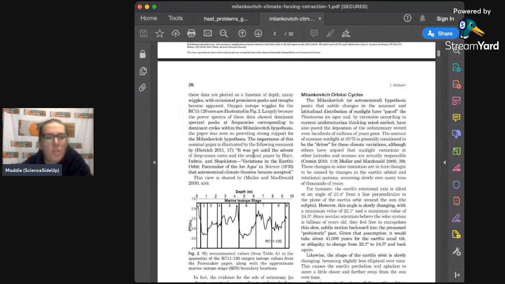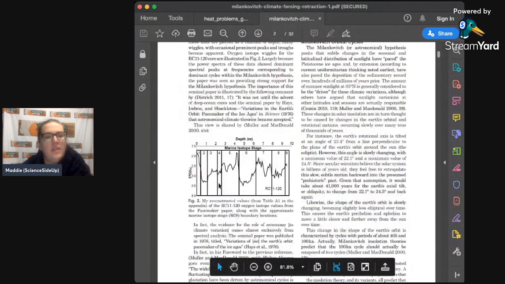Okay. So, by the way, this is the data that they had, which I think is really cool, but we can talk about that. This is the temperature data, or sorry, this is the oxygen 18 data.